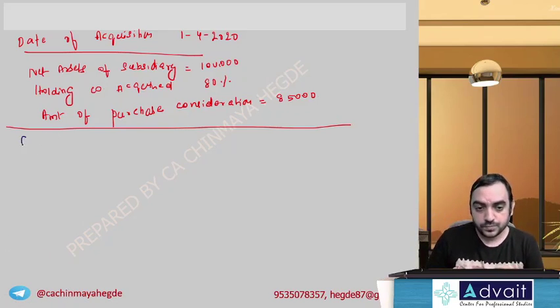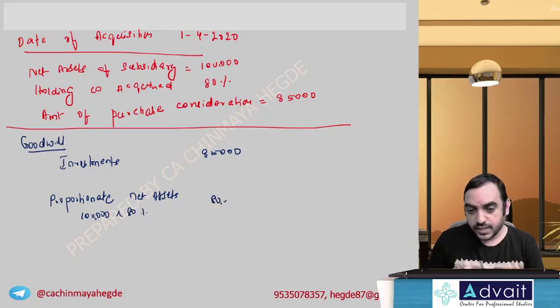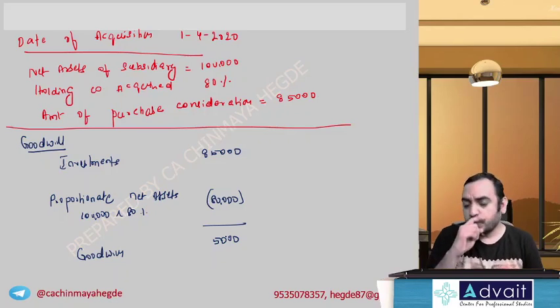Goodwill is calculated by amount of investments, 85,000, and proportionate net assets, 1 lakh into 80%, 80,000. Therefore, goodwill is 5,000.